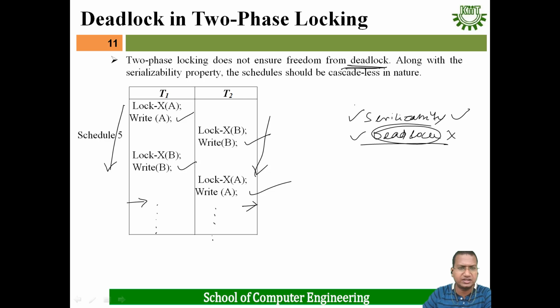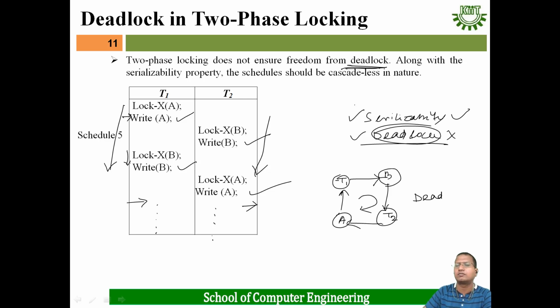What is deadlock? In this case, T1 has applied an exclusive lock on A to perform the write A operation. That means T1 is holding an exclusive lock on A. Similarly, T2 has applied a write lock on B. That means T2 is holding a write lock on B. Then after some time T1 is requesting a lock on B, and T2 is requesting a lock on A. That means here one cycle is present, so deadlock may happen.